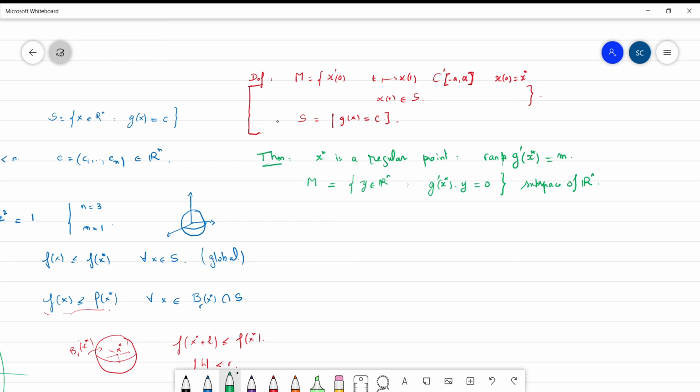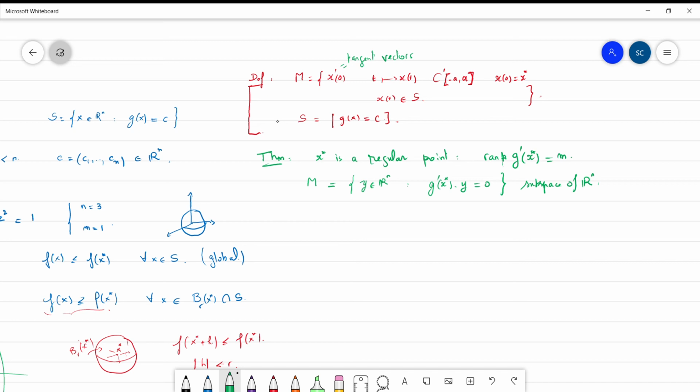Okay, they form the tangent vectors. We also call them tangent vectors. They form this subspace.